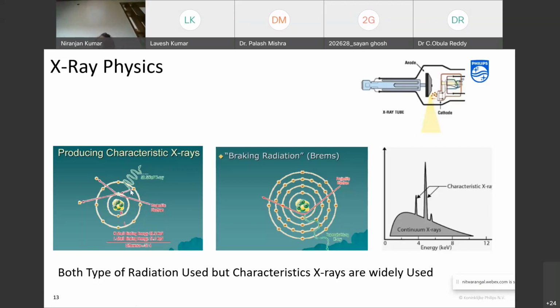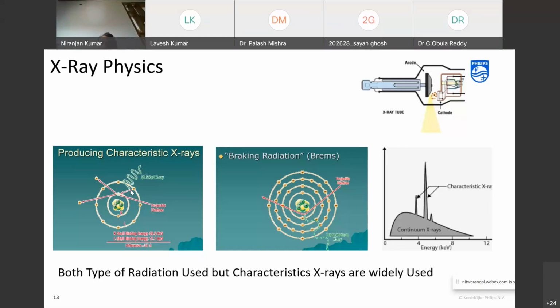Through that there is energy release, and a portion of the energy is in the form of X-ray, and some goes into heat. A very small portion of it comes out as X-ray. That is called characteristic X-ray. There is another type of X-ray where the electron does not hit an electron. It goes towards the positively charged nucleus, slowing down.